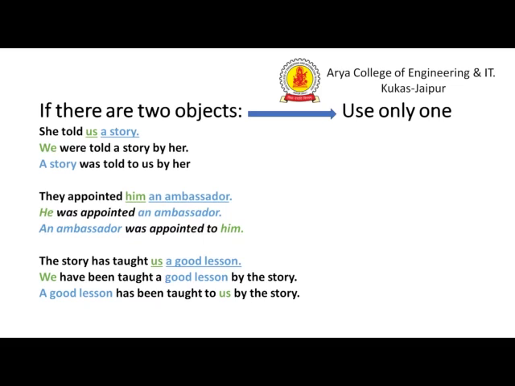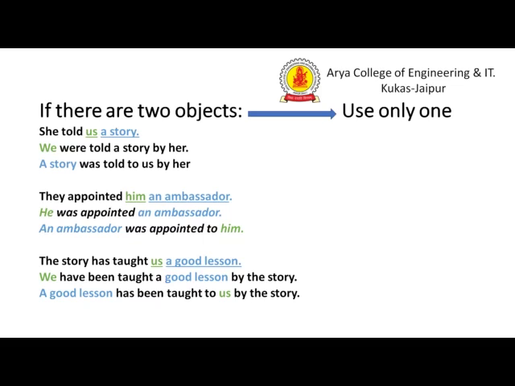Remember one thing here: the sentence is in the past simple, so because of this reason we are applying the rule. We were told a story by her. The subject plus was/were plus verb's third form plus object plus by and the remaining sentence.